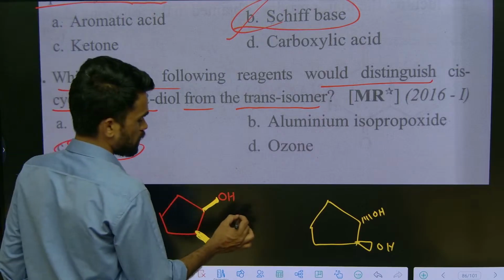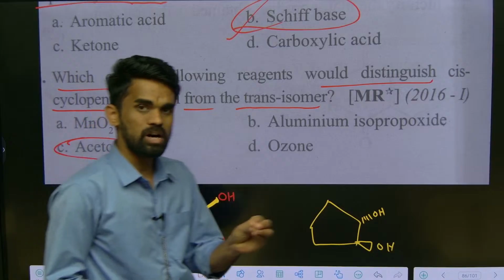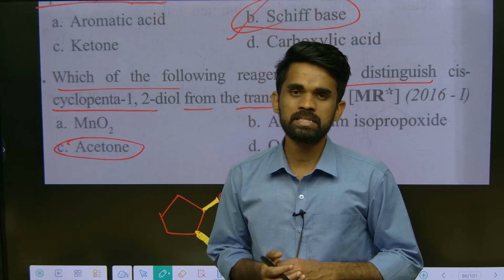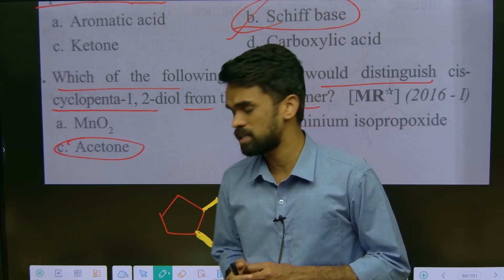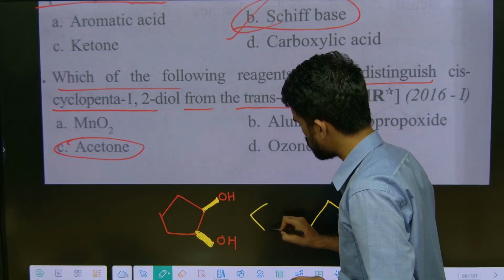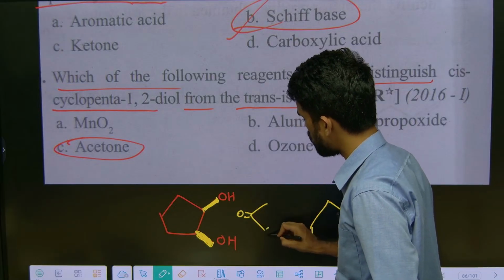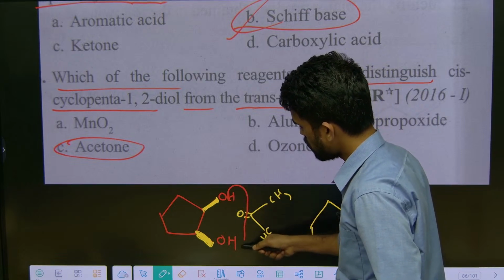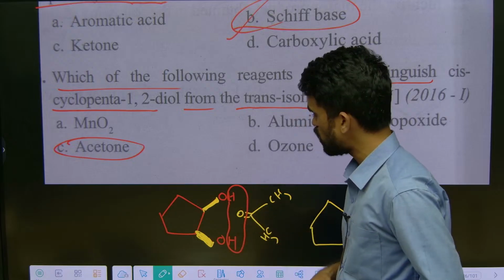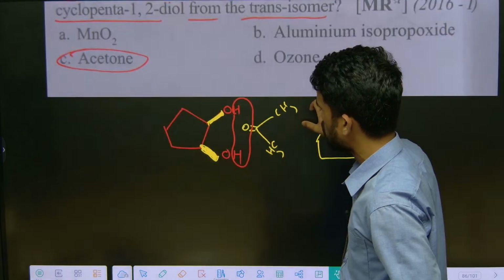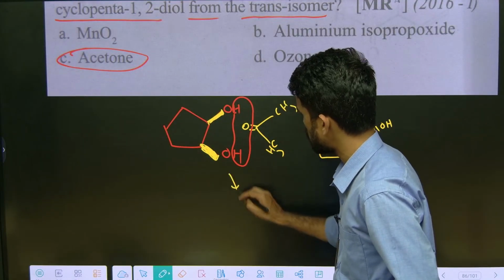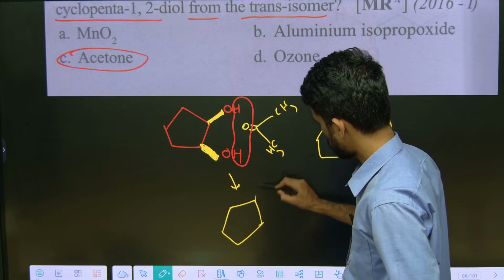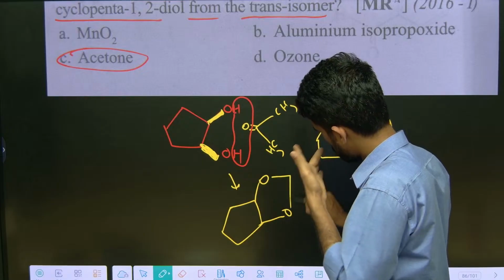Just now we discussed that when an alcohol is added to a ketone or aldehyde, it forms acetals, ketals, hemiacetals, hemiketals. So here, if I use acetone, the hydrogen, oxygen and hydrogen are removed as water, and we are going to get a cyclic ring, like this.